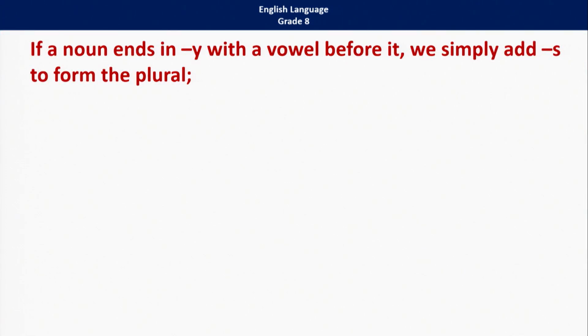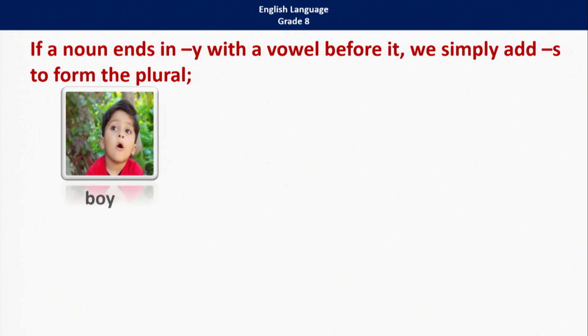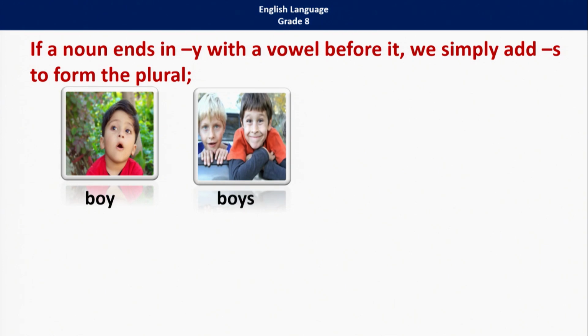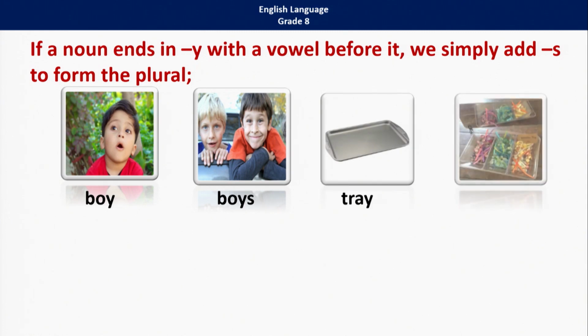If a noun ends in Y with a vowel before it, we simply add S to form the plural. We have a boy. The last letter is Y, and then you have to add an S there. Boys. The letter before the letter Y is a vowel. So, we are adding S. Tray becomes trays.